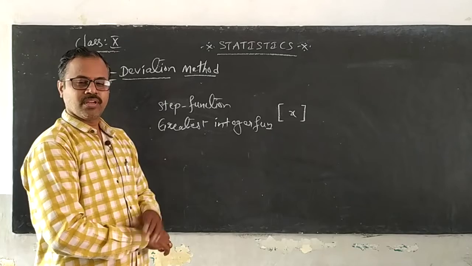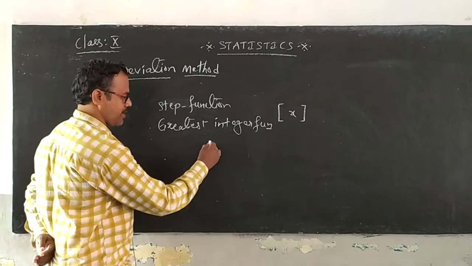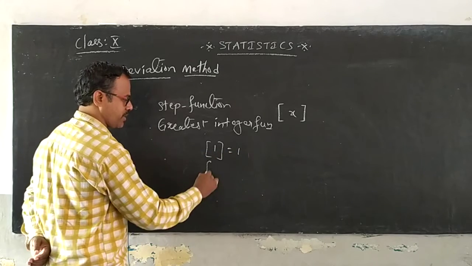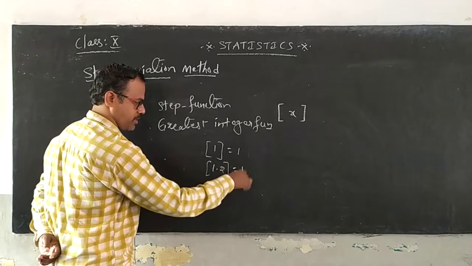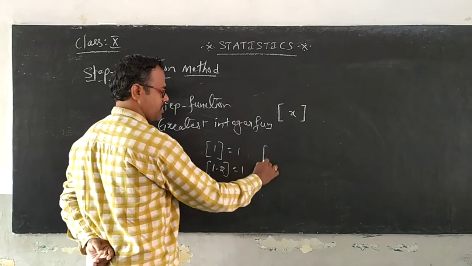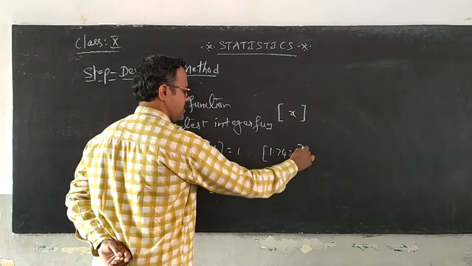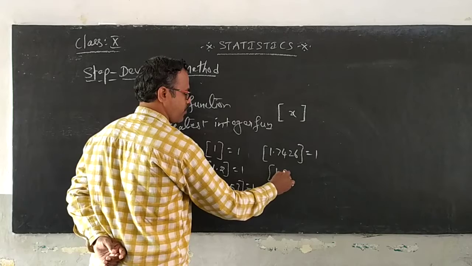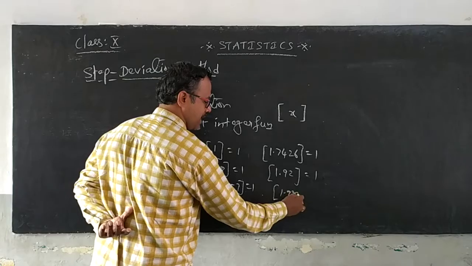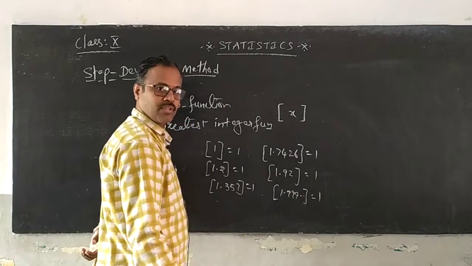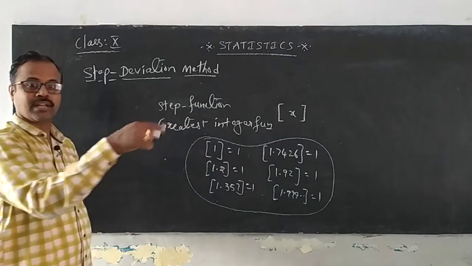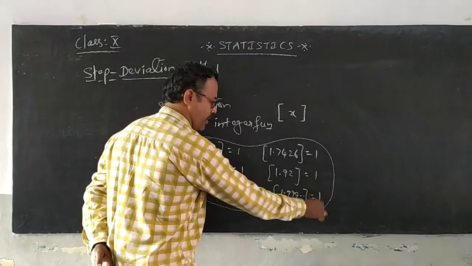For any value, suppose I take 1, the greatest integer of 1 is 1, of 1.2 is 1, of 1.357 is 1, of 1.7426 is 1, of 1.92 is 1, and of 1.999 is also 1. That means all values from 1 to 1.999 always give you 1.